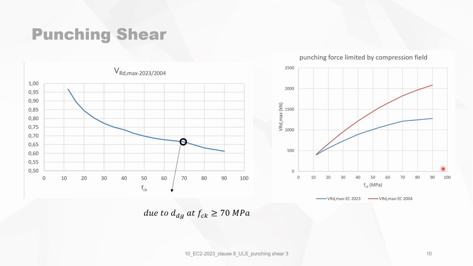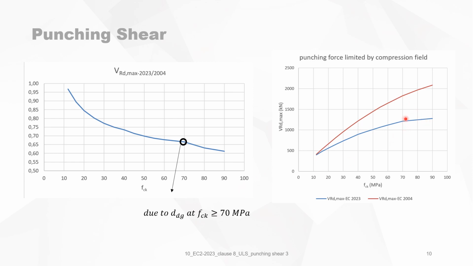Of course, when you have on the x-axis the concrete quality and on the y-axis just VRd,max in kilonewton, then you see that the red line is the reference line 2004, the blue one is for 2023, and you will see immediately that the value for the code 2023 is much lower than the present value.